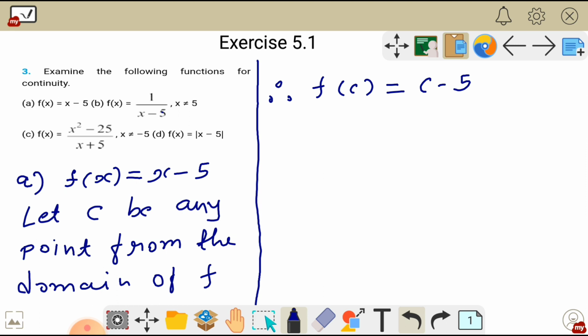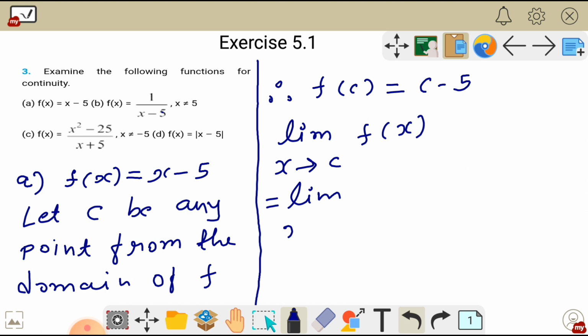Now we have to find the limit of this function as well. So limit x tends to C of f of x is equal to limit x tends to C of x minus 5, which is equal to C minus 5.